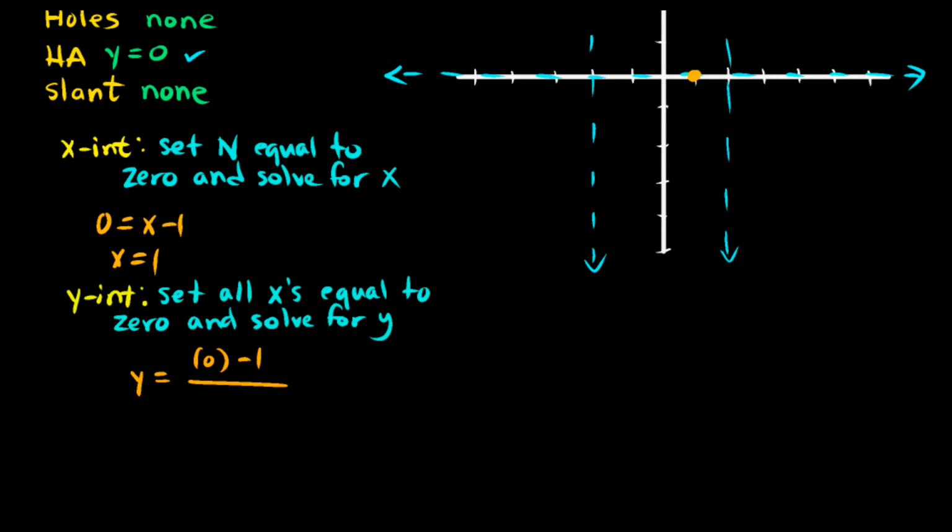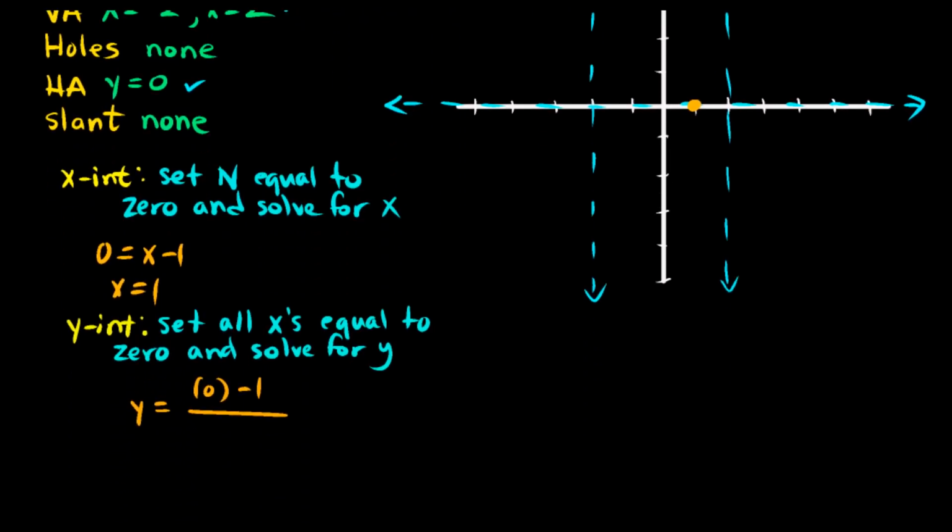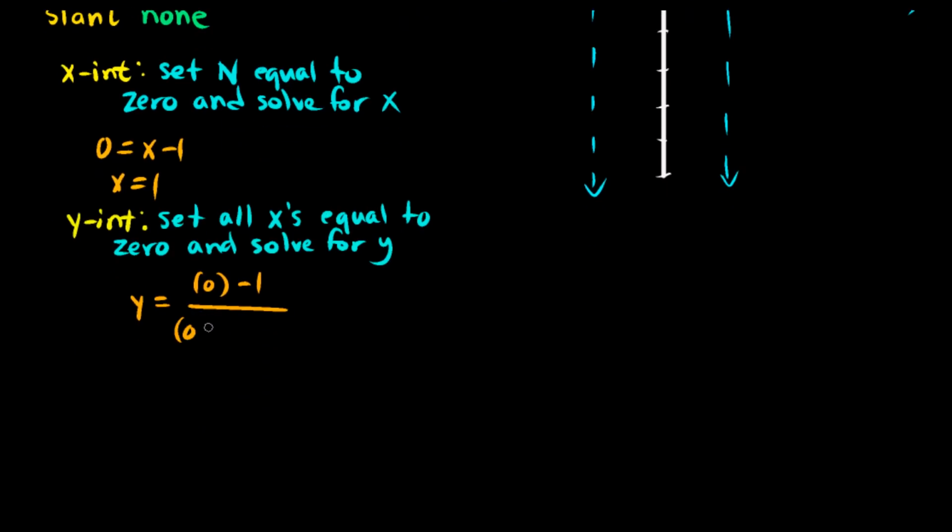And you can use the original here or this one, it doesn't matter. So (0 minus 1) over (0 plus 2)(0 minus 2). So 0 minus 1 is negative 1, 0 plus 2 is 2, 0 minus 2 is negative 2, 2 times negative 2 is negative 4, so I have 1/4.